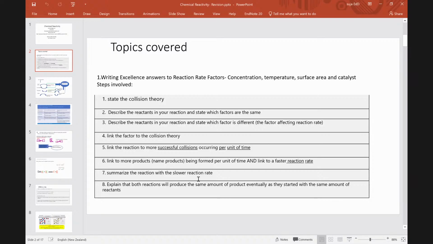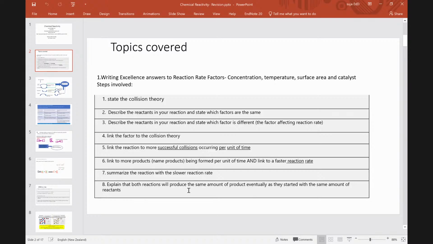Summarize your reaction, and now you say the rate of reaction has increased and therefore the time taken for the reaction has reduced. Please do not confuse your rate of reaction with the time taken. If the rate of reaction has increased, the time taken for the reaction has reduced, or the other way around, if the rate of reaction has decreased, the time taken for the reaction to complete has increased.